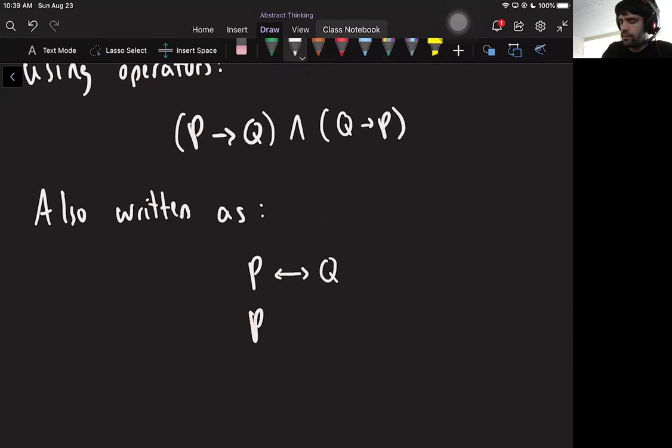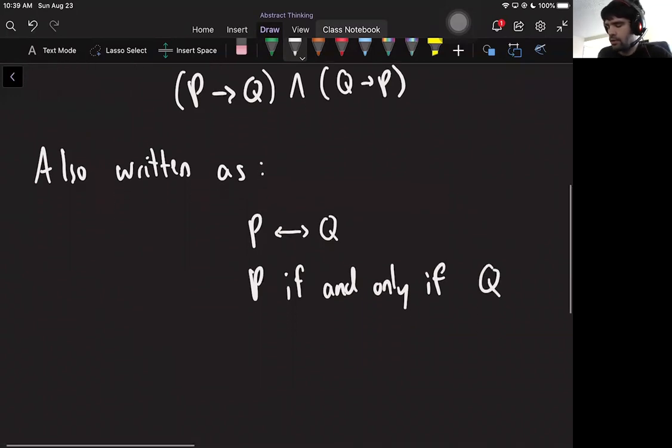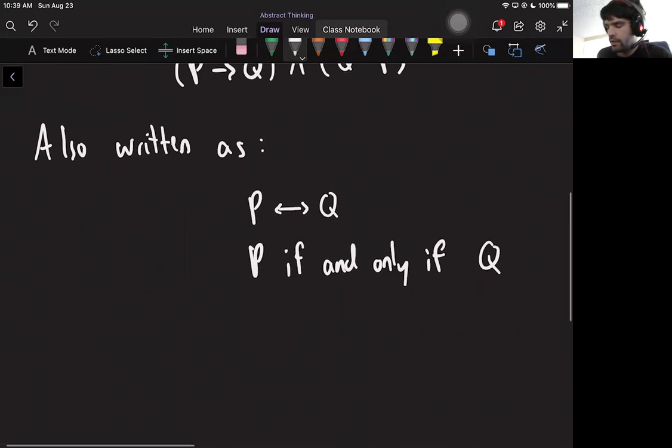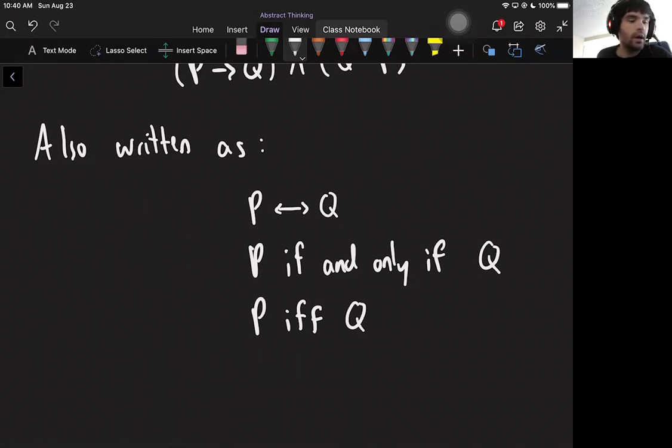But if you want to use sentences, people write this, if and only if. But some people get confused by that. It really just means if-then in both directions again, just said in a fancy way. And if you're too lazy to do that, but you also don't like arrows for some reason, then you can write P-I-F-F-Q, and that means if and only if.